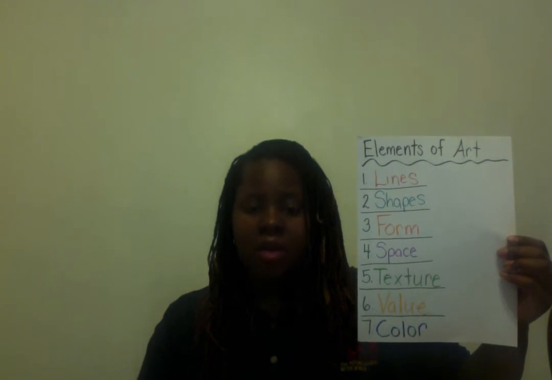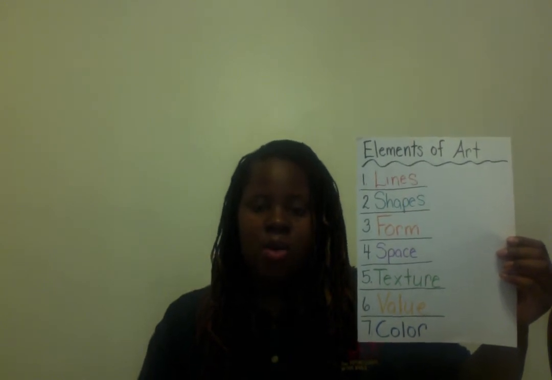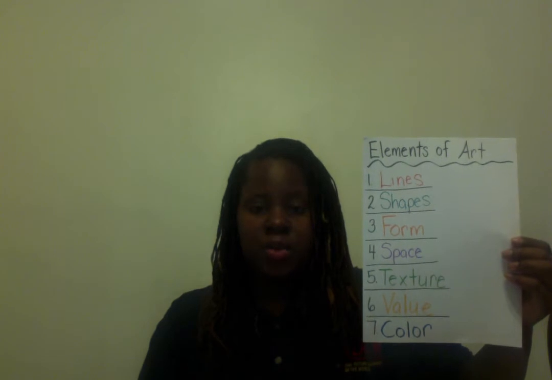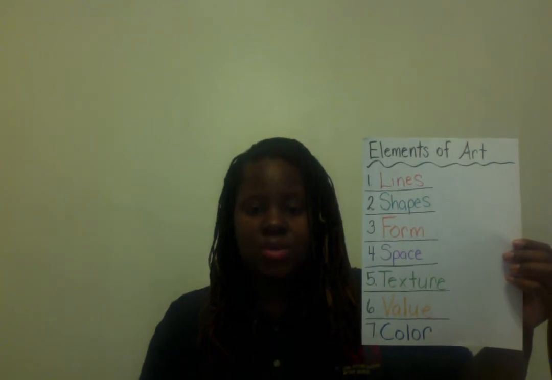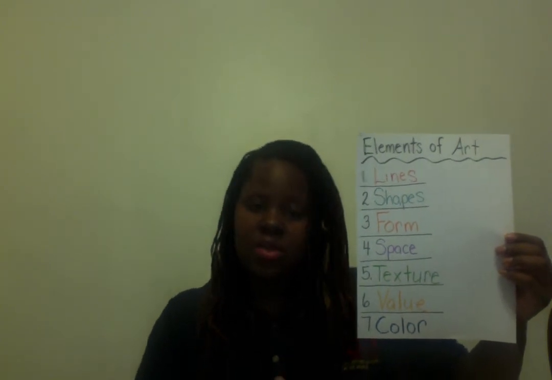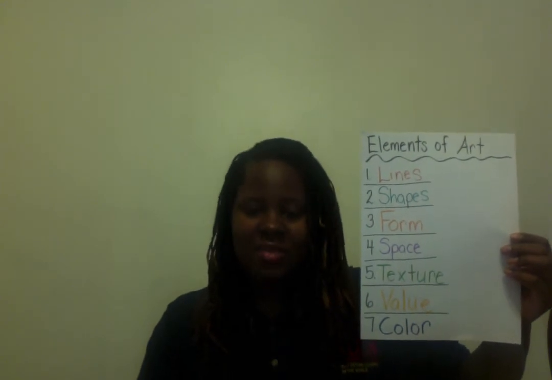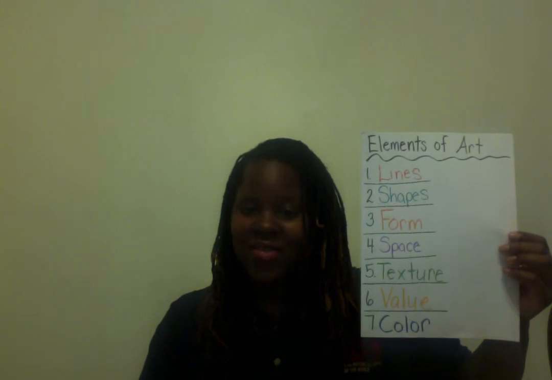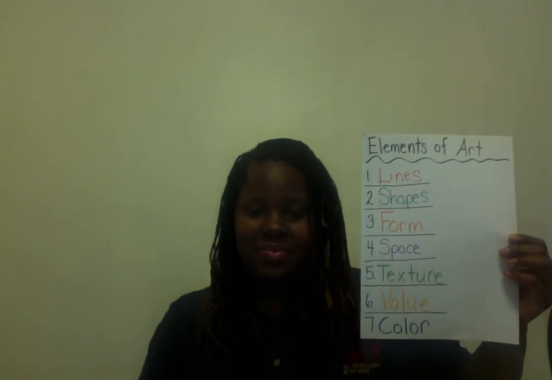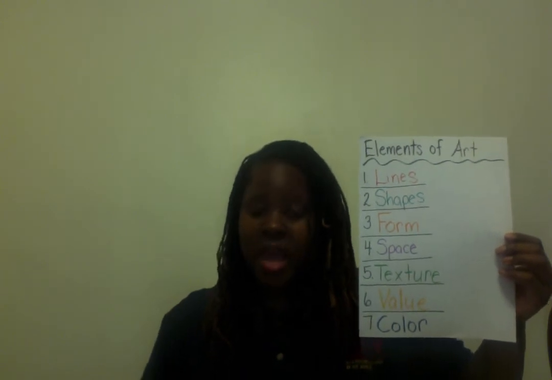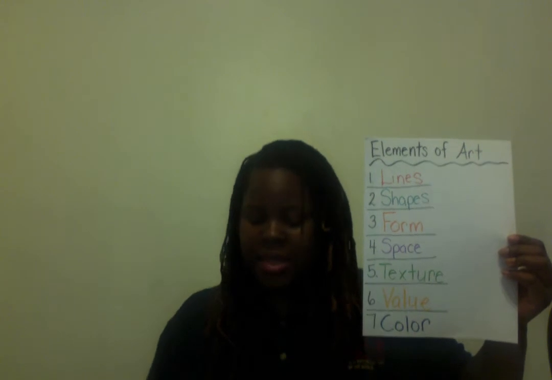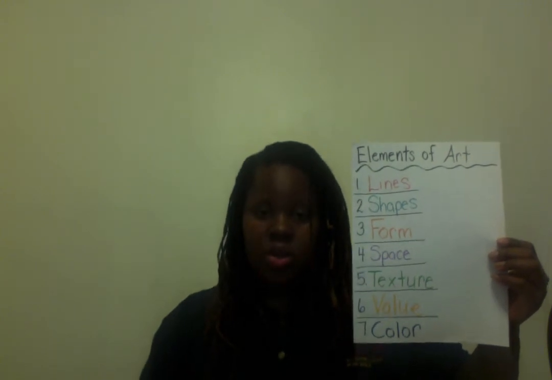Then you have value. Value is how you monitor your color when you do shadings and hues. And then, of course, there's color. Red, orange, yellow, green. Roy G. Biv, we learned about that. So what I'm going to do is hang this behind me so we can keep in mind the elements of the art while we are doing this activity.